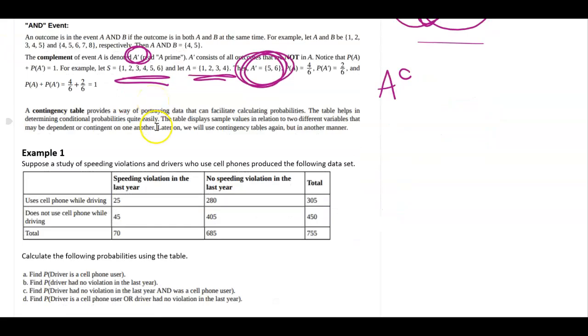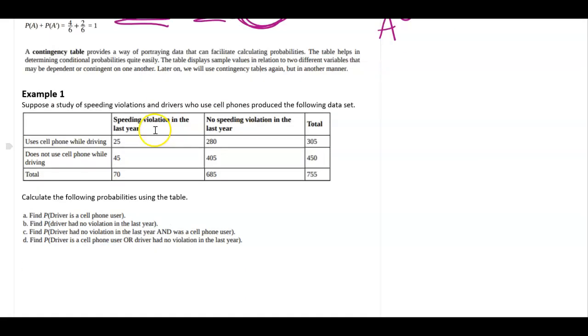So let's look at a contingency table and talk about this a little bit more. A contingency table just helps us see the data organized in a certain way. This is about speeding violations and drivers who use cell phones or do not use cell phones. And we want to calculate the probabilities in this table.